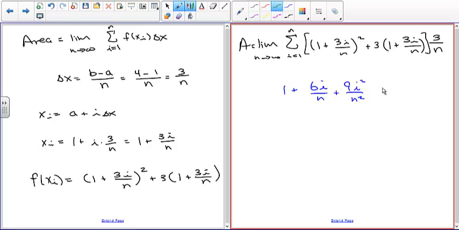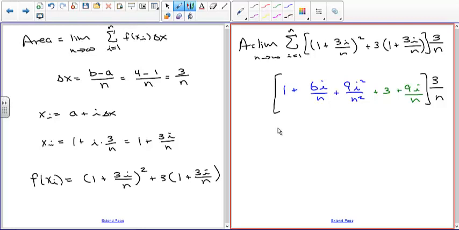And this one is going to be 3 times 1, which is 3, and 3 times this second term, which is going to be 9i over n. And that whole thing is going to be multiplied by 3 over n. I'm leaving off this stuff for the time being.